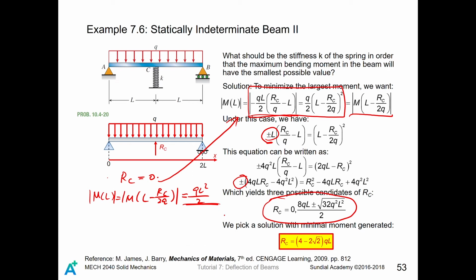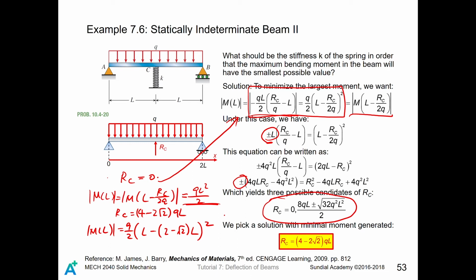So talking about when RC equals 4 minus 2 square root 2 QL, then the moment inside equals Q divided by 2 still, and L minus 2 minus square root 2 L squared.